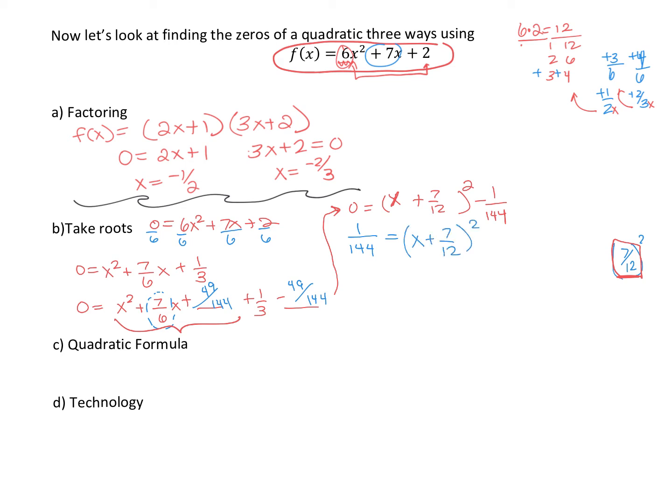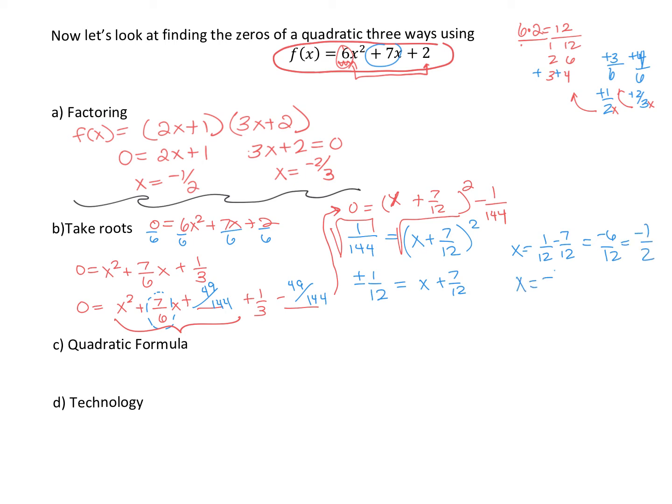And I'm going to take the square root of each side and get plus or minus, because we put the square root in, plus or minus 1/12 equals x plus 7/12. So I'll have x equals positive 1/12 minus 7/12, which ends up being minus 6/12 or minus 1/2.